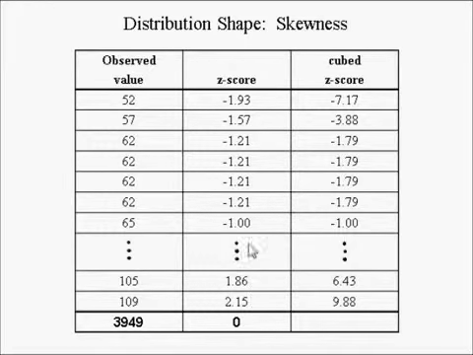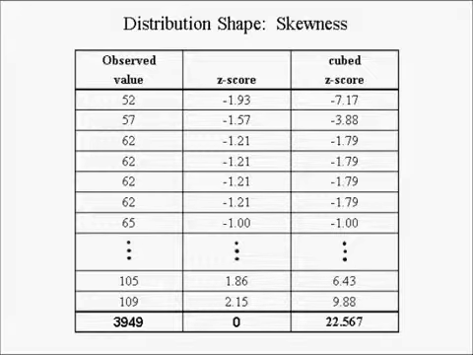Now we repeat this for the next set of observations, all the way down to the 49th. The 49th z-score is 1.86. Cubing 1.86 gives 6.43. The 50th z-score, 2.15, cubed is 9.88. The sum of cubed z-scores is equal to 22.567. Dividing this by the sample size of 50 yields an average cubed z-score equal to 0.451.